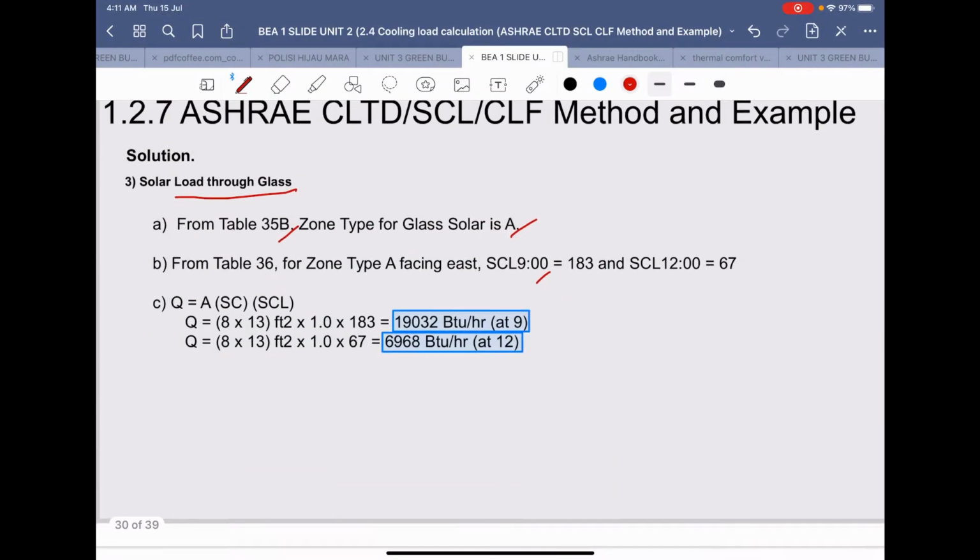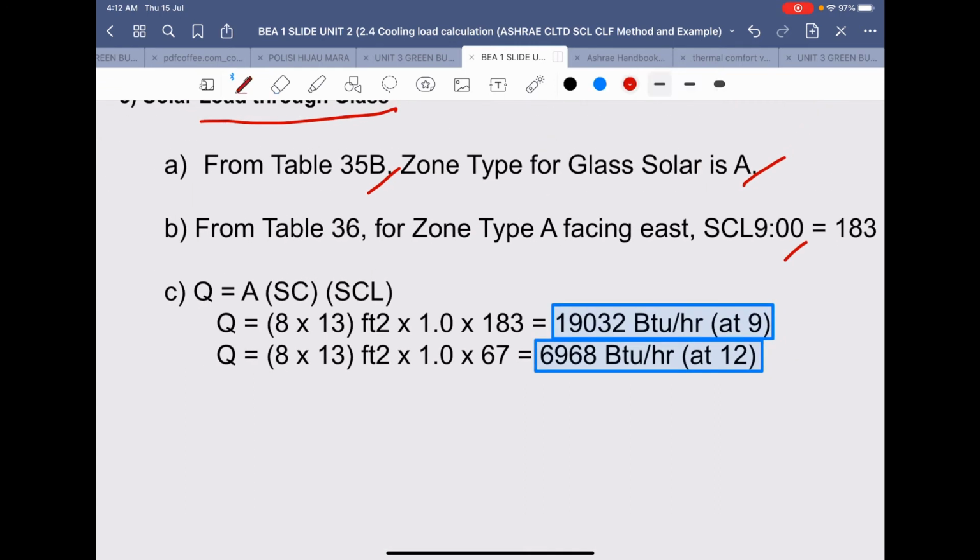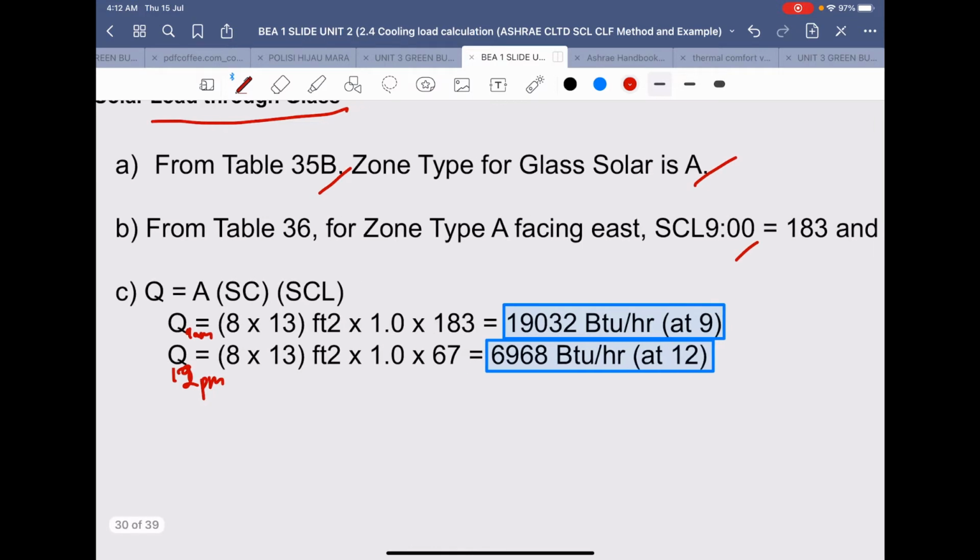So, from here, we can calculate the cooling load through solar load, cooling solar load through glass. So, Q at 9 AM and Q at 12 PM. We use the shading coefficient of 1 because there's no shading that will apply.